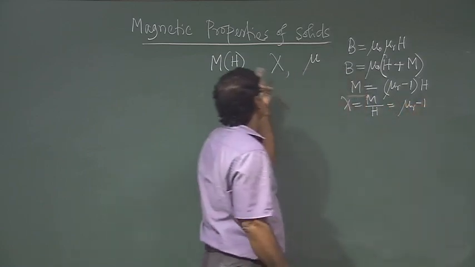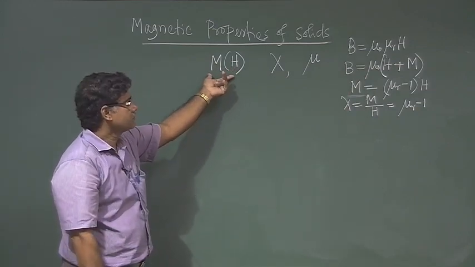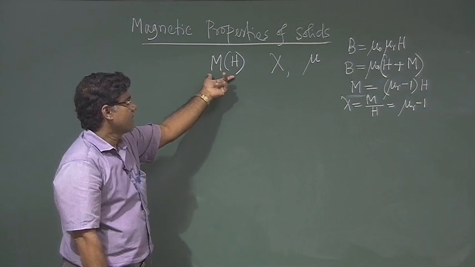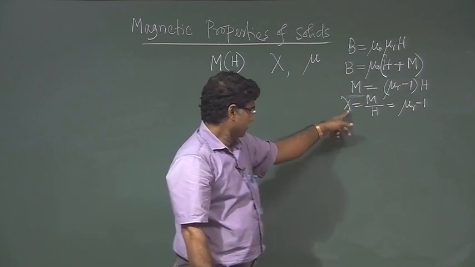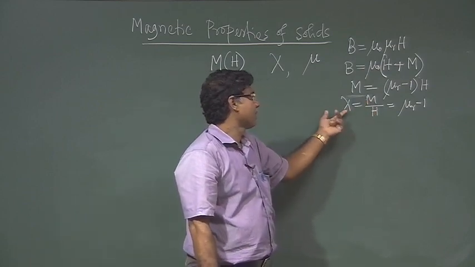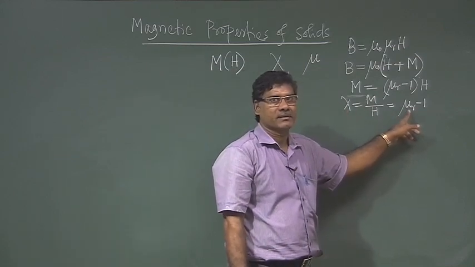So, if I measure the magnetization as a function of magnetic field, I can find out chi, M by H. If I find chi, I will get the permeability of this material.